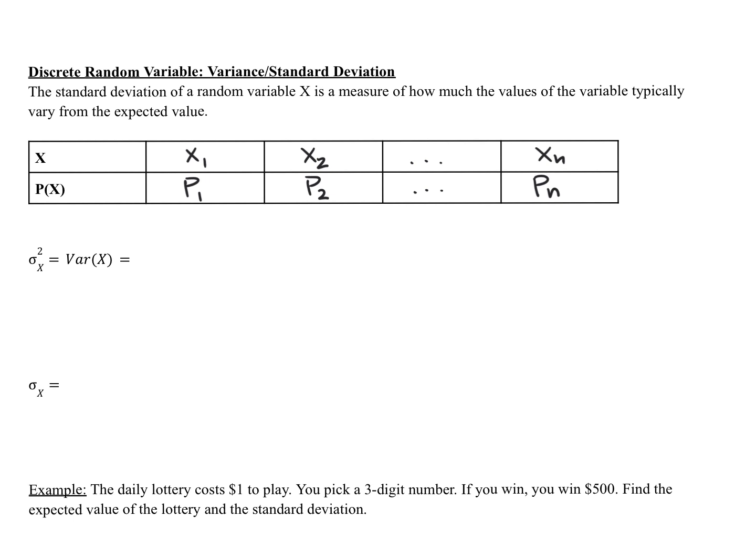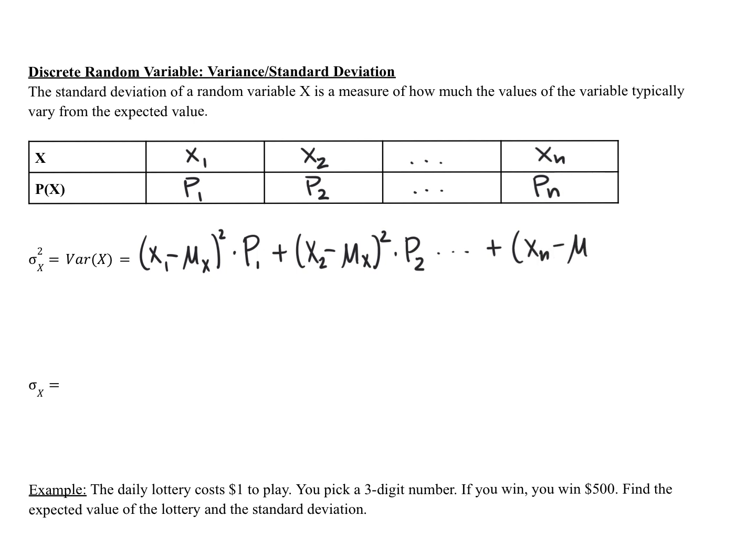But the way we calculate our variance is we are going to subtract from each value our mean and square it, then multiply it by its probability. So whatever x1 is minus whatever your expected value is squared, times its corresponding probability. And then we keep adding for every value in the distribution up until you reach your last value.